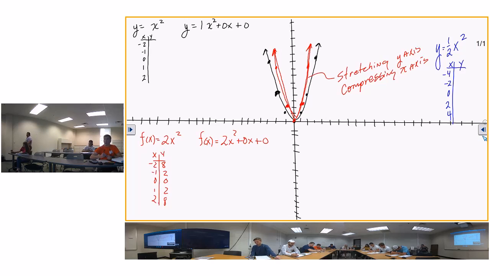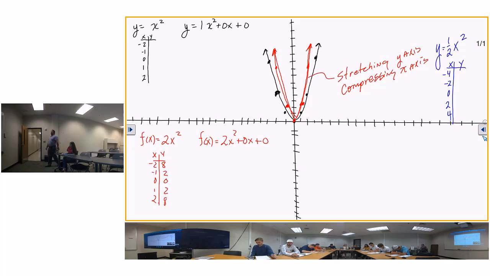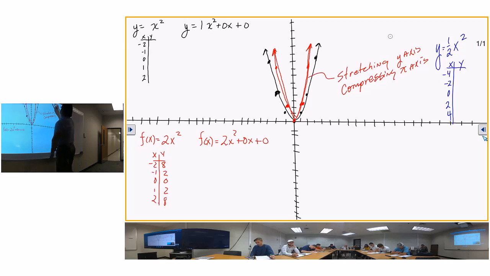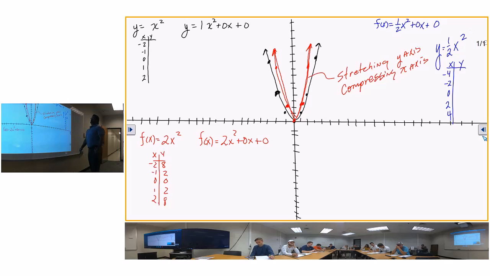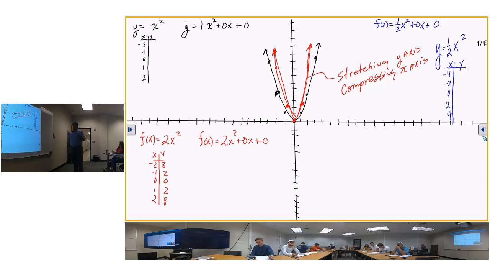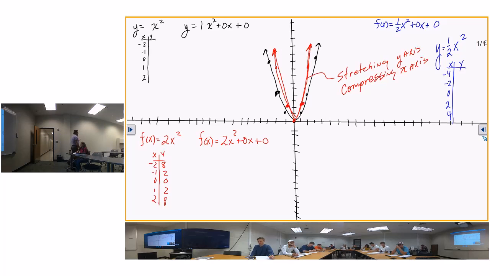So that's going to be -4 squared is what? And this is like y, or f of x, is equal to 1/2 x squared plus 0x plus 0. So we're dealing with nothing but just a right now. And a has told us whether it's going to be skinnier, wider, or going in the negative direction.